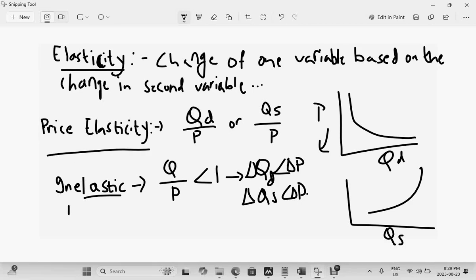Now, if something is elastic, that basically means that for every unit of change in price, there will be more than one unit of change in quantity demanded or supplied.